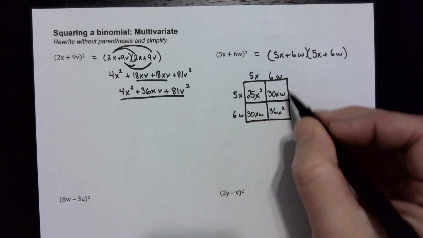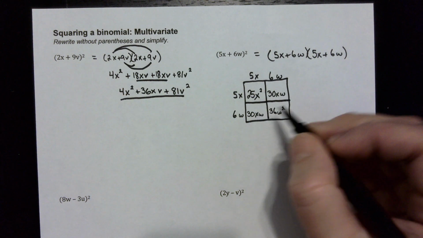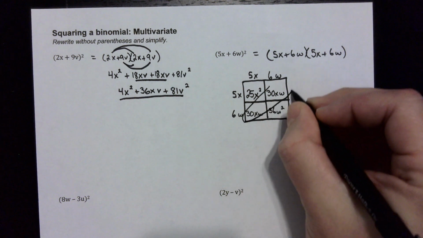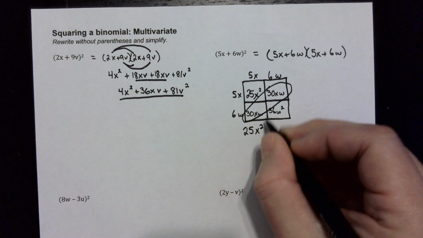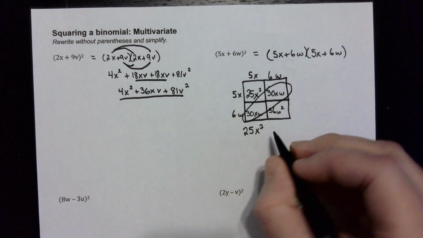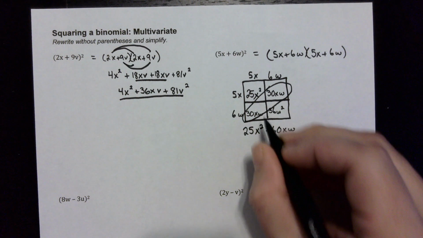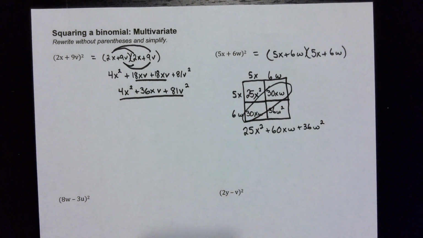We're going to add up these middle terms because they're alike, so 30xw plus 30xw. The first one is 25x squared, it's this box. Combine these two in the middle, that's 60xw, and then finally 36w squared.